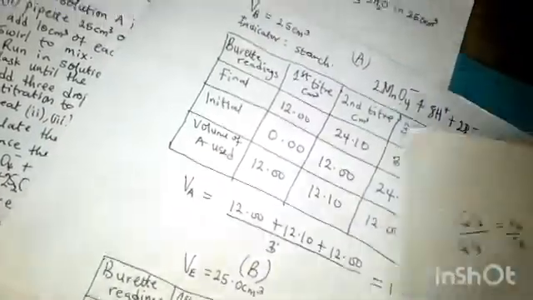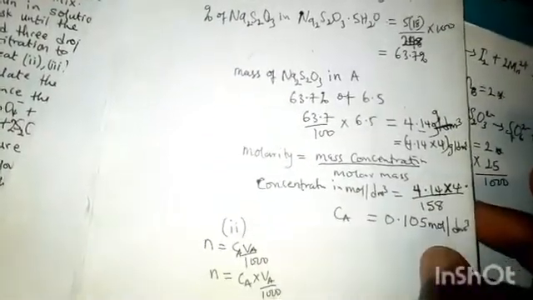CA is the concentration which we have just calculated for A, and that is 0.105.